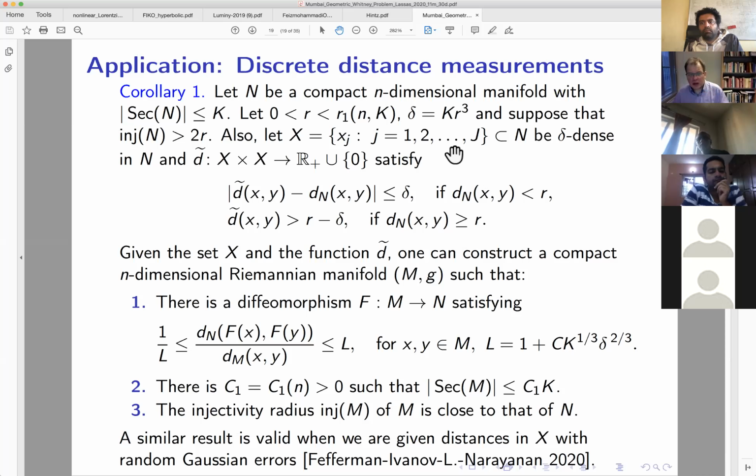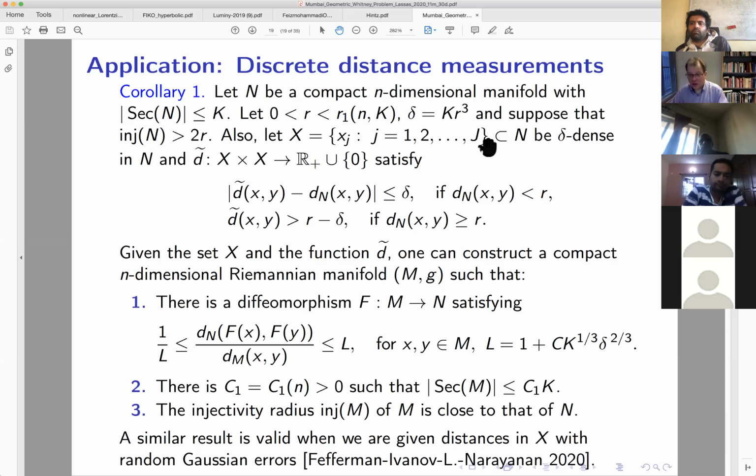Put it in simple terms, we consider all points in this randomly sampled set. Then we measure the distances of these points and add their random errors. And actually, with this type of data, when we have lots of sample points, we can recognize which points are close to each other. We can start to average the data so that the Gaussian random errors, with large probability, when they are averaged, become very small errors, and then we can apply this result.